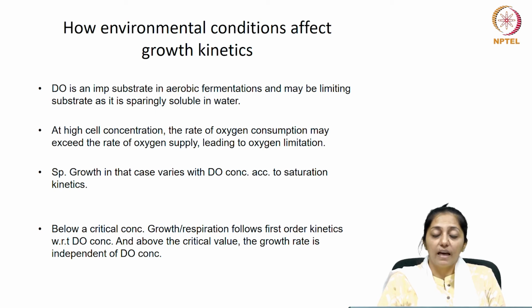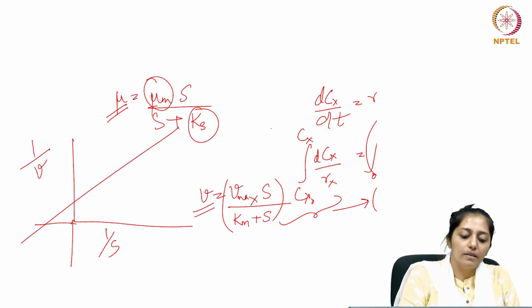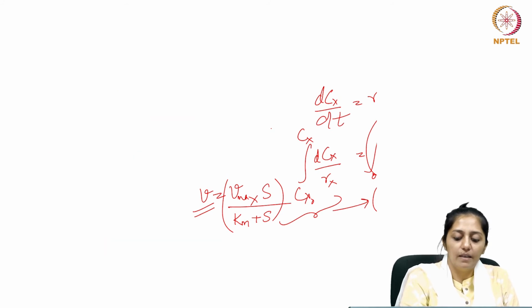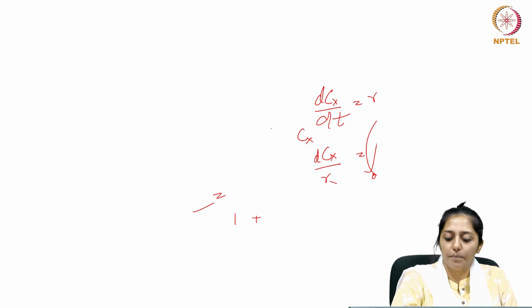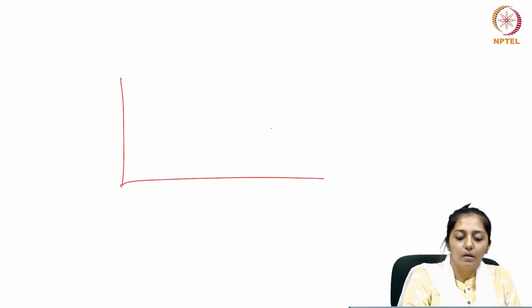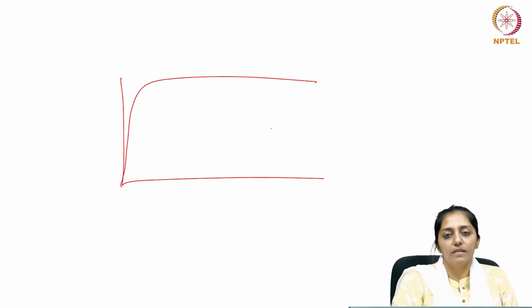The specific growth rate in that case starts getting affected by the dissolved oxygen concentration as a saturation kinetics, which means that rather than substrates which are readily available, like carbon, nitrogen and medium components, if it is oxygen limited, it will follow this saturation kinetics in terms of oxygen concentration in the medium.